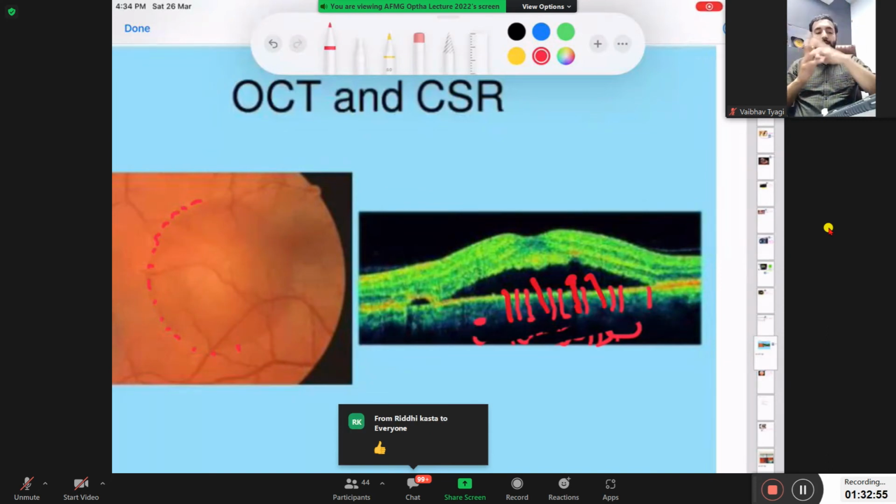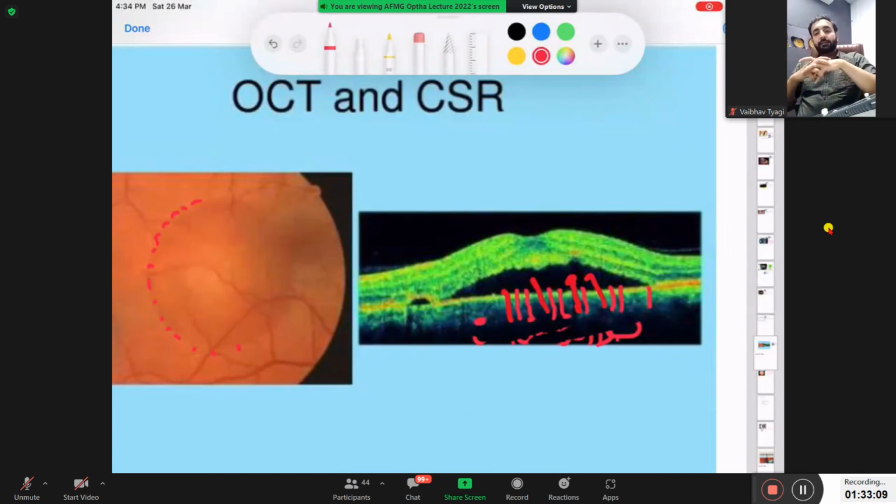If this accumulation of fluid is located in the subretinal space at the macula only, then that condition is called CSR. Yes, this is also a kind of edema, but the layers are different. The edema is located in the subretinal space only.